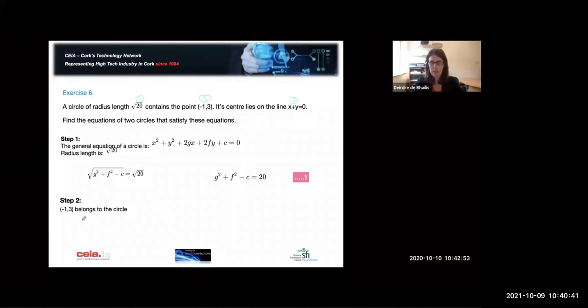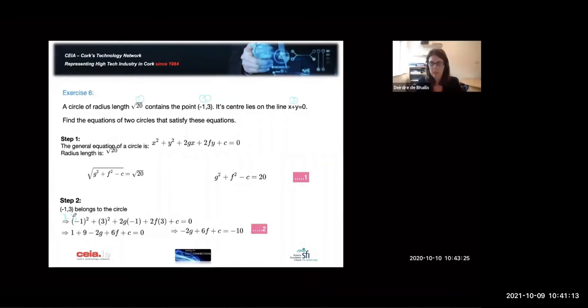Step 2. We're told that -1 and 3 belongs to the circle. That means that -1 and 3 satisfies the equation of the circle, which means we can place -1 and 3 in place of x and y in the general equation of the circle. And when I do that, I get another equation in terms of g, f, and c.